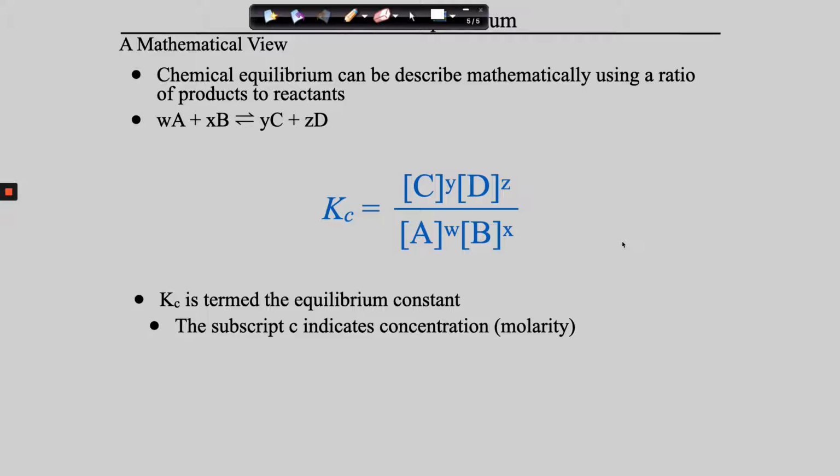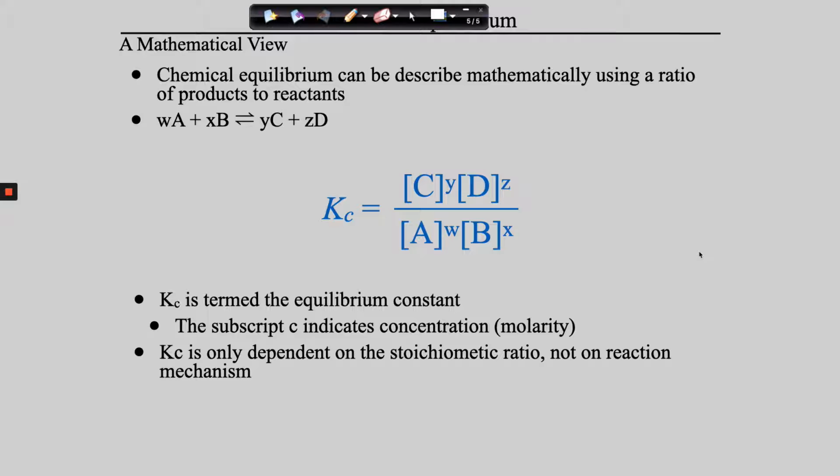Now, this is not critical, but we should say this, because when we talk about these Kc values, understand that we can write Kc values directly from the balanced equations, because in Kc values, the coefficients are the exponents, because these are only reliant on stoichiometry and not on mechanism.